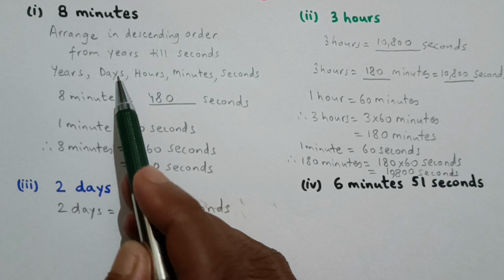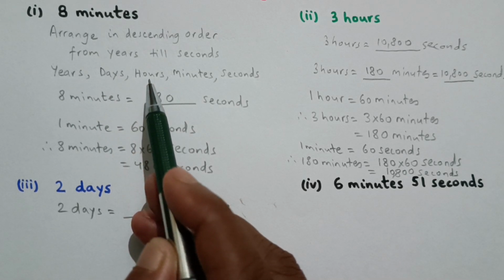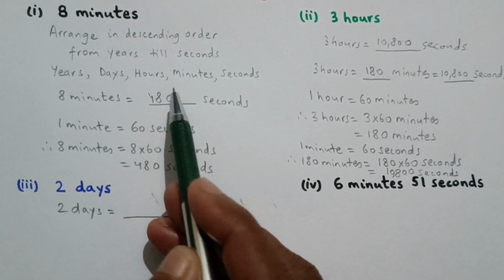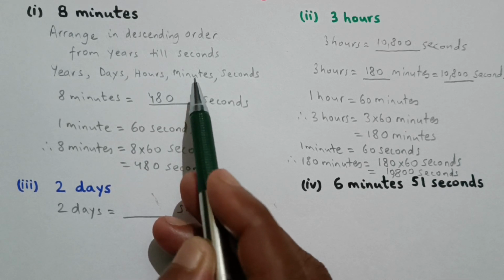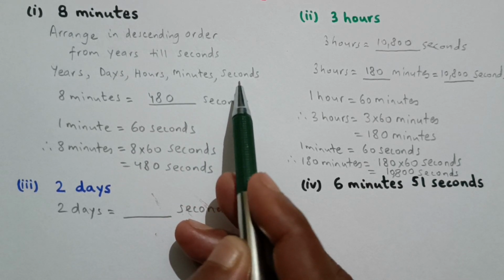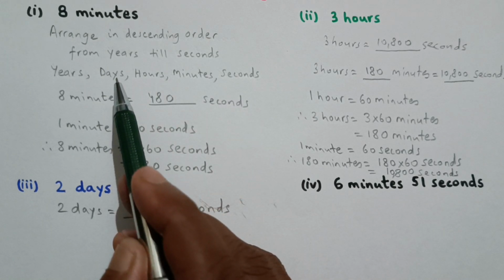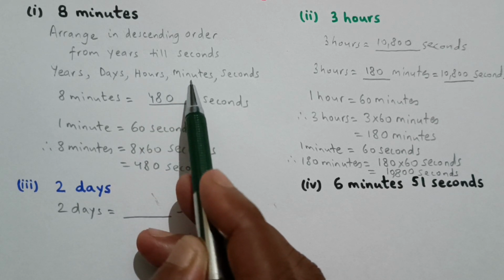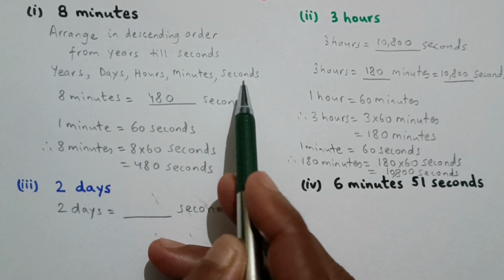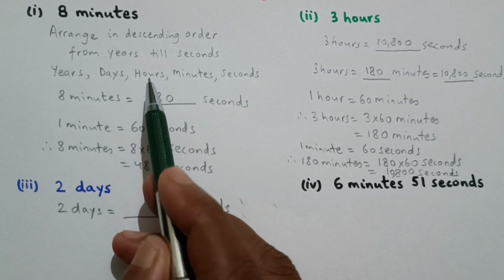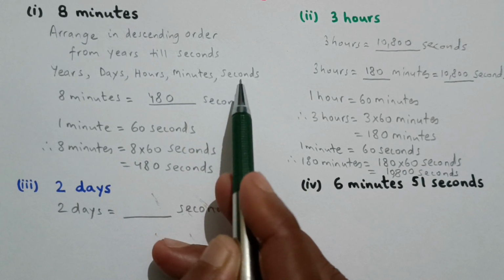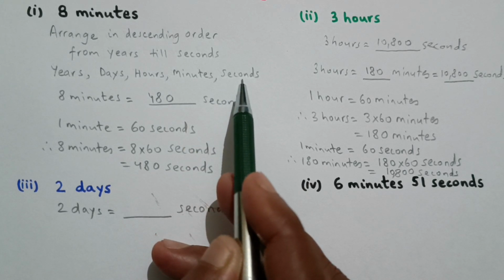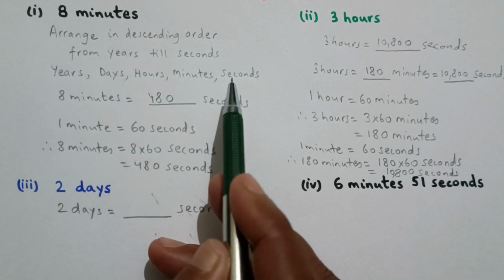So first we have to convert from days to hours. Then those hours we have to convert into minutes. And then those minutes we have to convert into seconds. So this is 3 steps: the first step, the second step, and the third step. So there are 3 steps involved in the conversion of days to seconds.